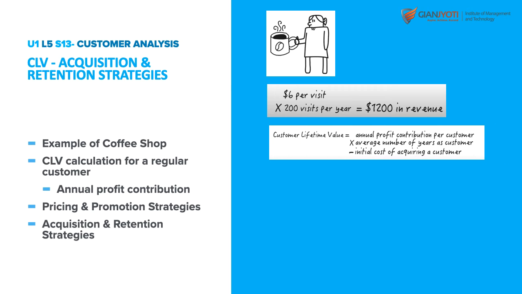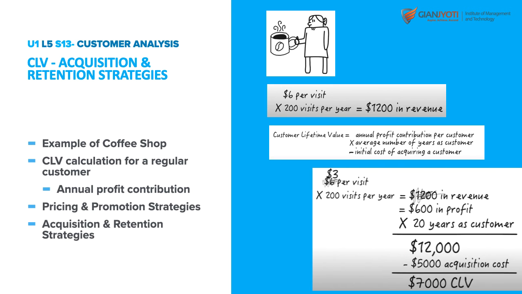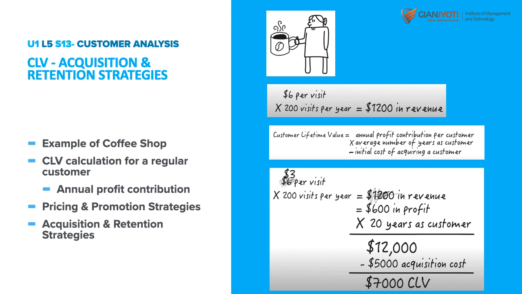Now if we look at the formula again, annual profit contribution, whereas here we talked about the revenue. So we have some variable cost which could be $3. So 6 minus 3, so this $3 is the profit contribution. 6 was the average spending, so we subtracted the variable cost, which is 3.